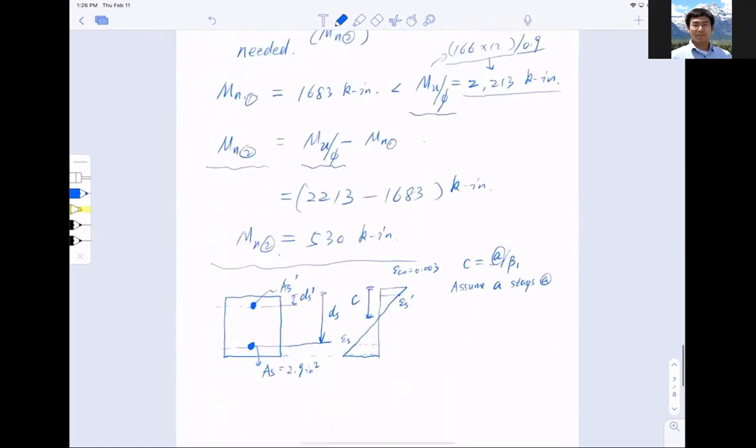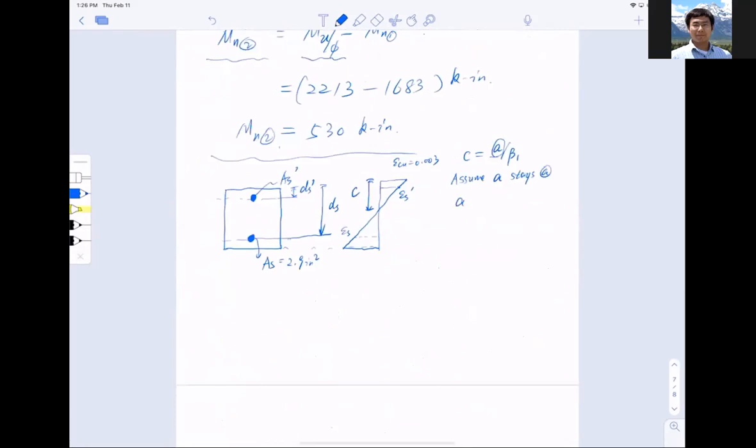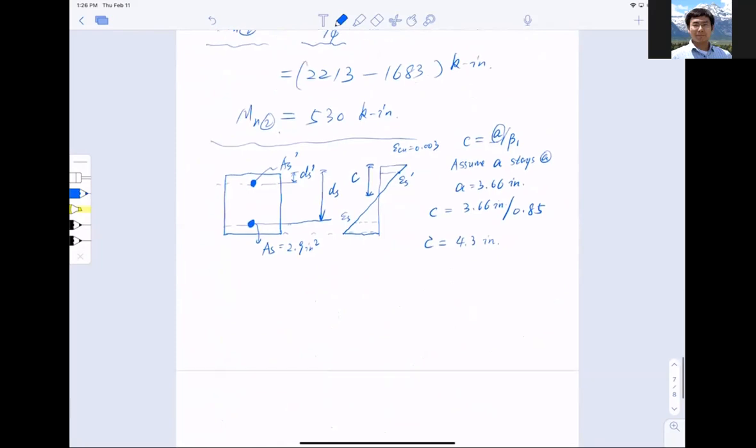So let's make the assumption that a stays at 3.66 inch. So c equals 3.66 inch divided by beta 1, and we know beta 1 is 0.85 for f prime c of 4 ksi. So c eventually equals 4.3 inch.